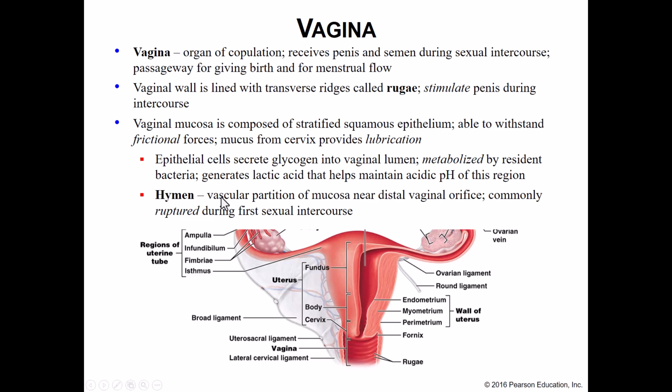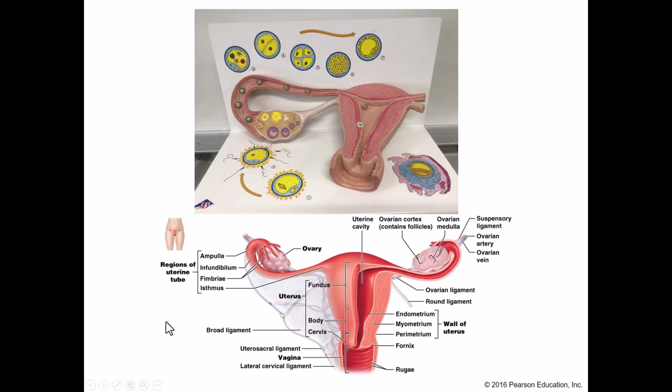When we're young, we have a mucus layer near the distal vaginal orifice that is commonly ruptured during our first sexual intercourse, but if you use tampons when you start menstruating, a lot of times the hymen is broken before that.